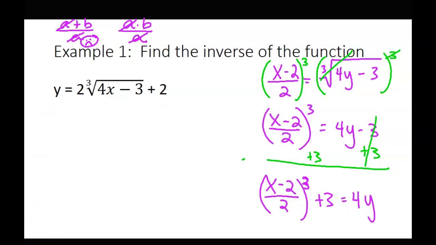All right. And then what we would do is we would divide everything by this 4. Now you could leave your answer like this. It's really kind of ugly, but I'm kind of okay with that at this point.